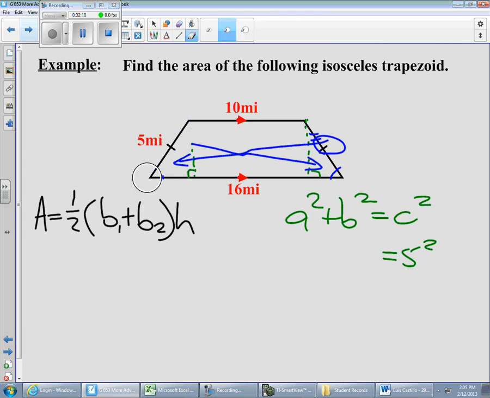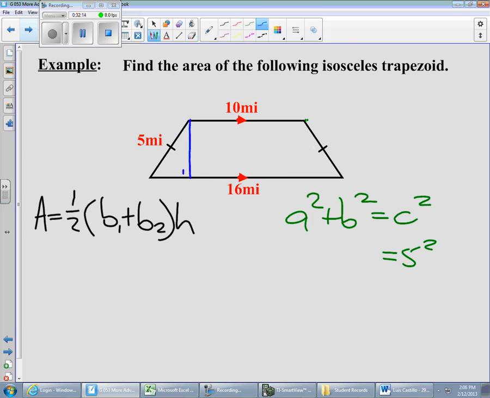So what that means is when all the talk gets done, this side right there and this side right there are going to have to be congruent because of that word, isosceles. How does that help us?